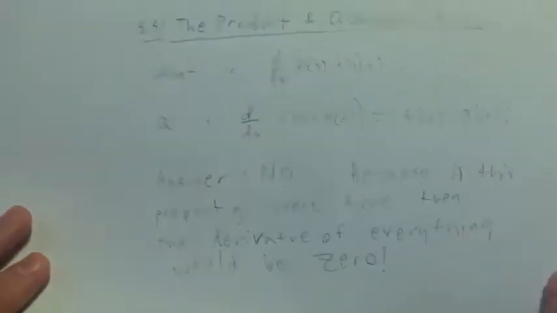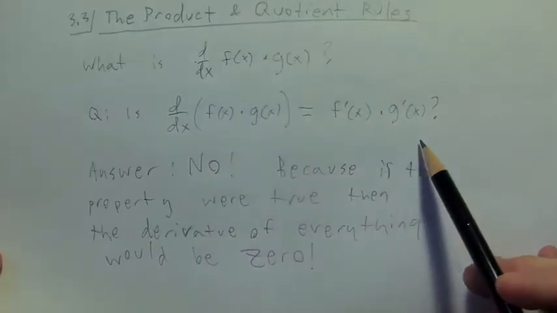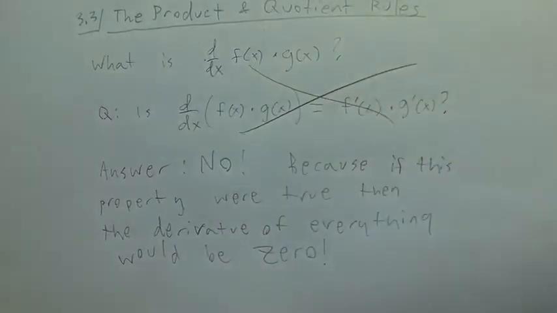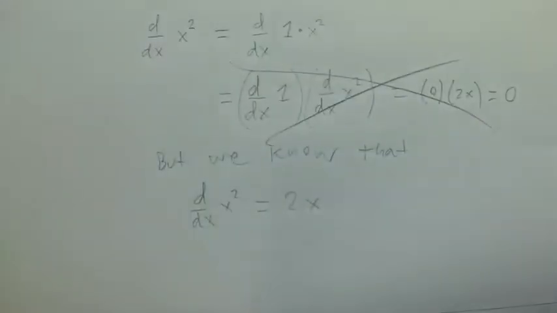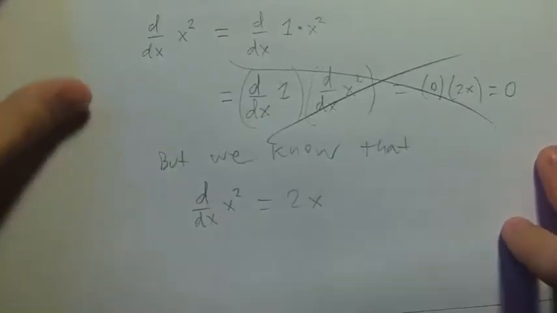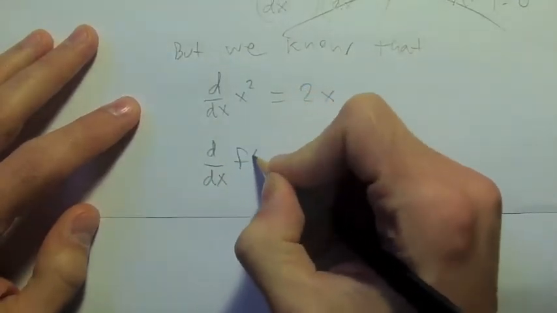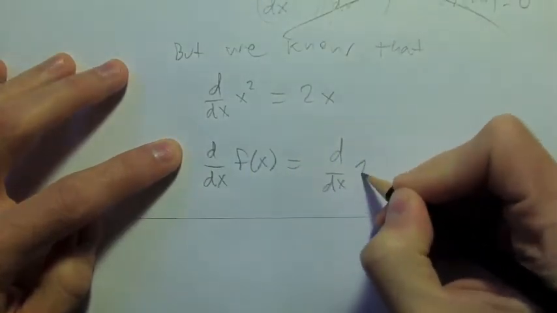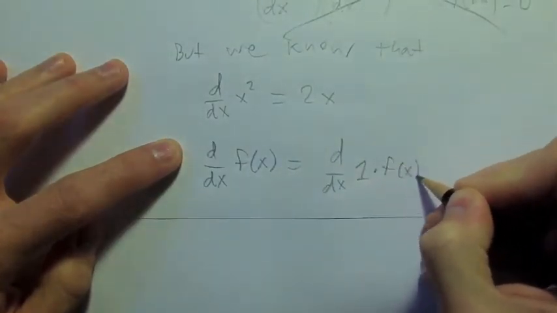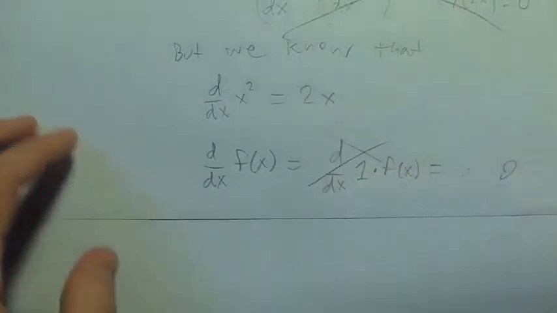So is the derivative of f times g equal to f prime times g prime? The answer is absolutely not. If it were true, then the derivative of anything, not just x squared but any f, would be the derivative of 1 times f, and we would end up getting 0, and we know that is not going to be true.